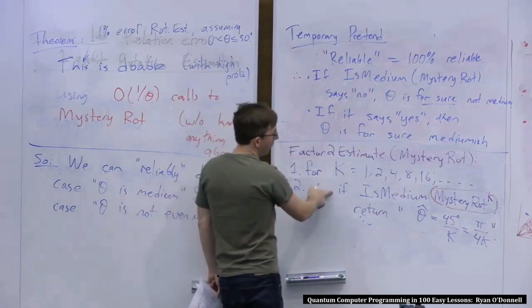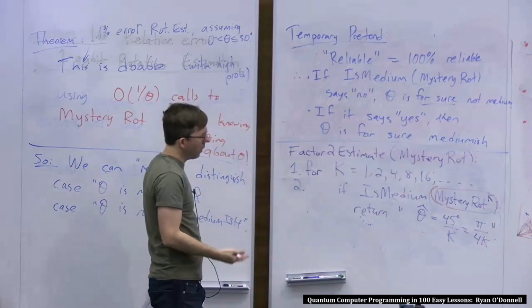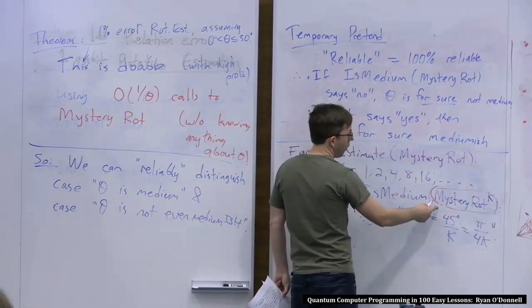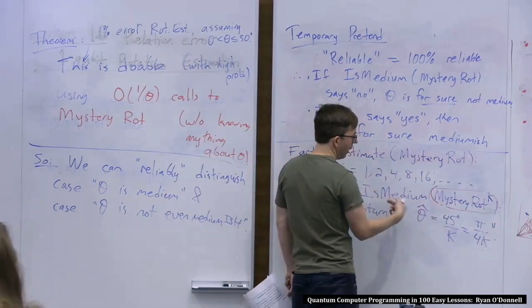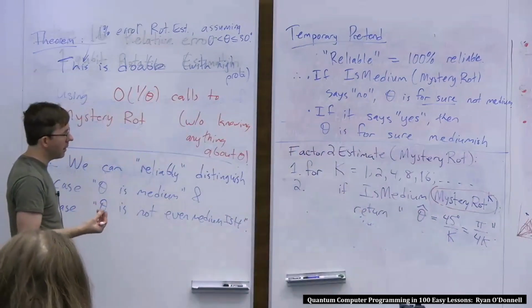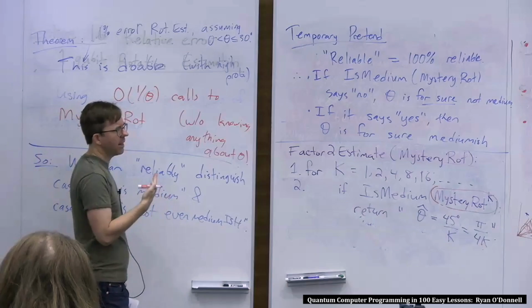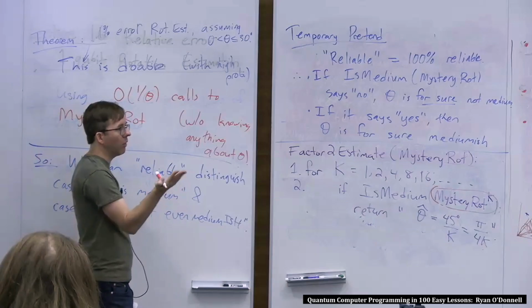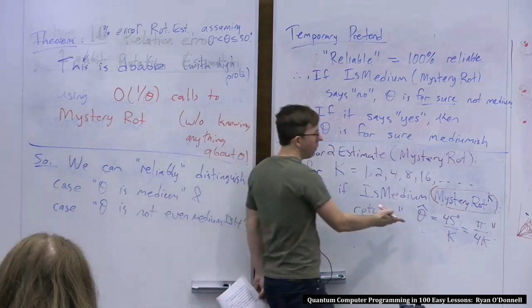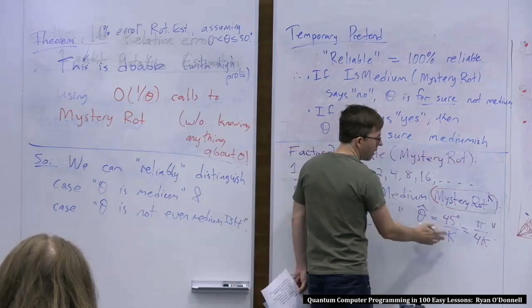But anyway, probably theta is really small, and so now we try to see if 2 theta is medium, and then 4 theta, and 8 theta, and 16 theta, and we keep going until we find that K times theta is medium, which is like saying K times theta is roughly around 45 degrees. And then we're like, okay, cool. So our guess at theta is 45 degrees divided by K.